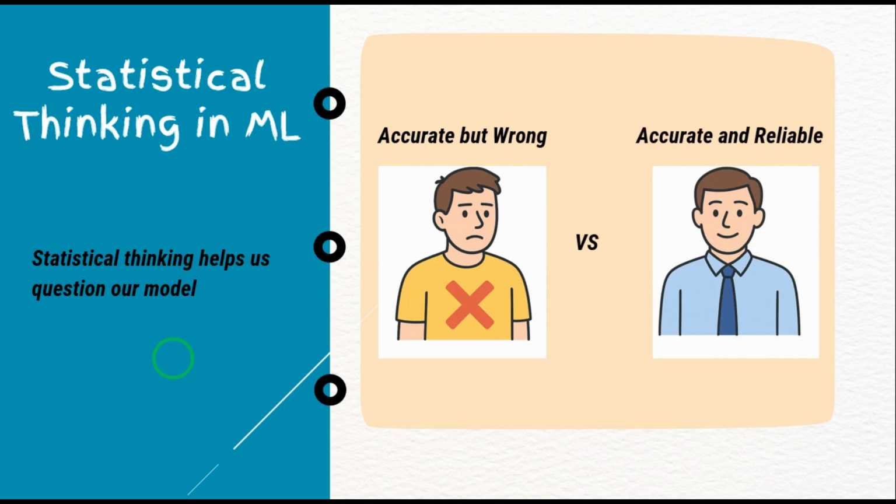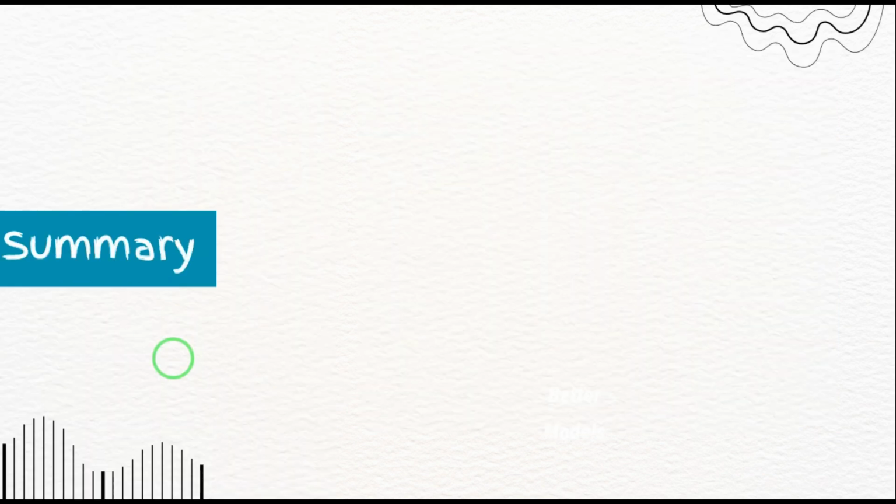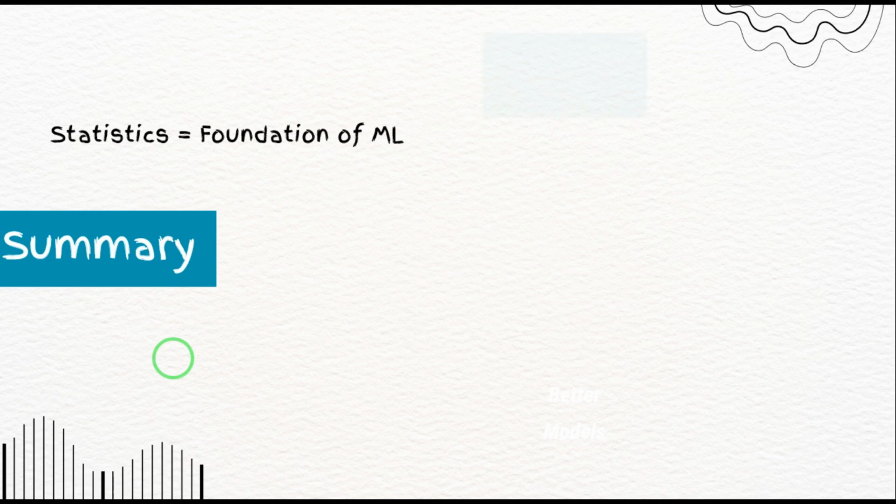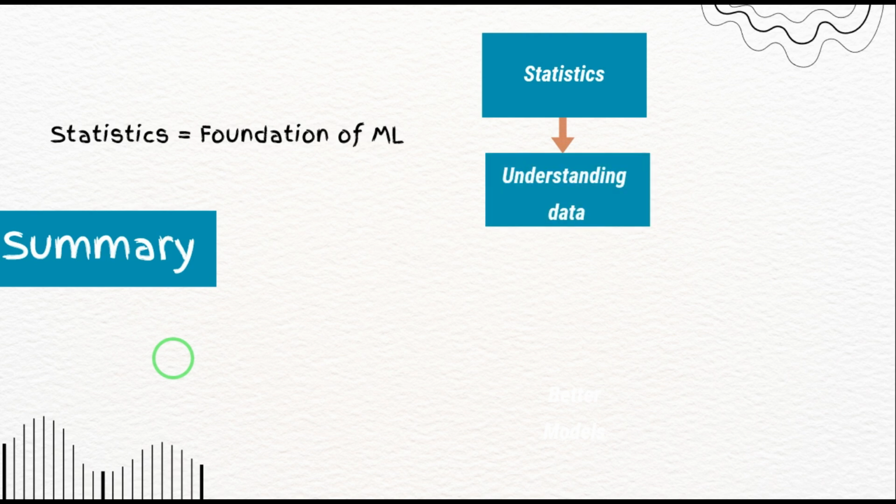Now let's tie everything together. So here are the takeaways. Statistics gives us the foundation, including understanding data, measuring uncertainty, and building trust in our models. Machine learning, on the other hand, automates the process, but it still stands on statistical principles.